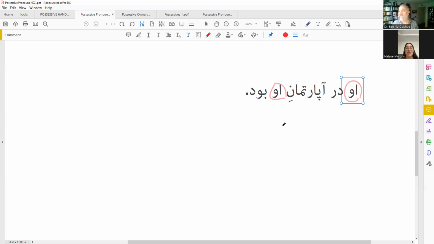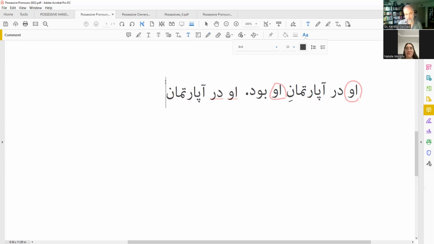In this case, it would work. You could say او در آپارتمان او بود with the precondition that the second او is not the first او. But if it is, then you have to say او در آپارتمانش بود. Then it means he was in his own apartment. In this case, absolutely, you could say او در آپارتمانش بود.